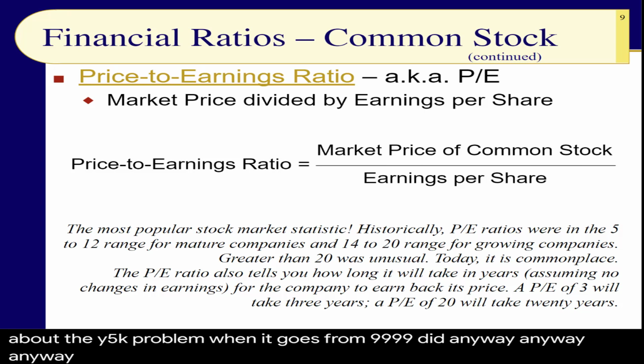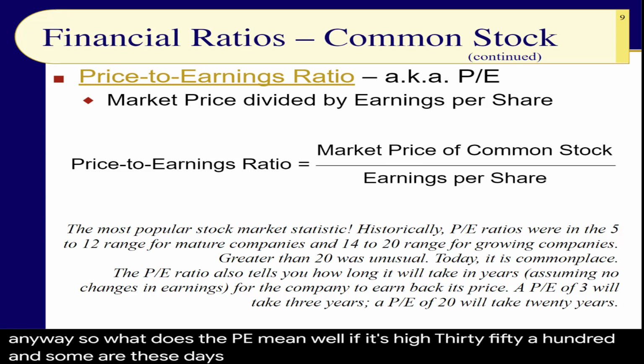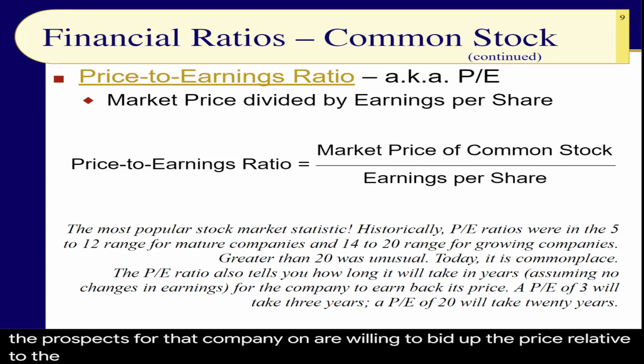Anyway, so what does the PE mean? Well, if it's high, 30, 50, 100, and some are these days, that means investors are very excited about the prospects for that company and are willing to bid up the price relative to the earnings. Now, are they right?